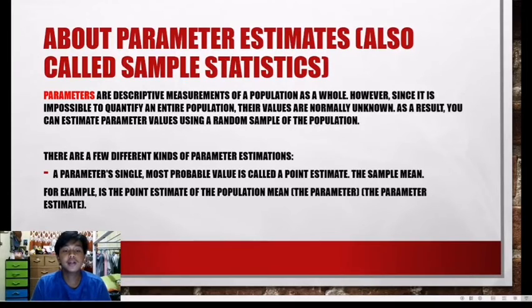There are a few different kinds of parameter estimates. A parameter's single most probable value is called a point estimate. The sample mean, for example, is the point estimate of the population mean parameter.